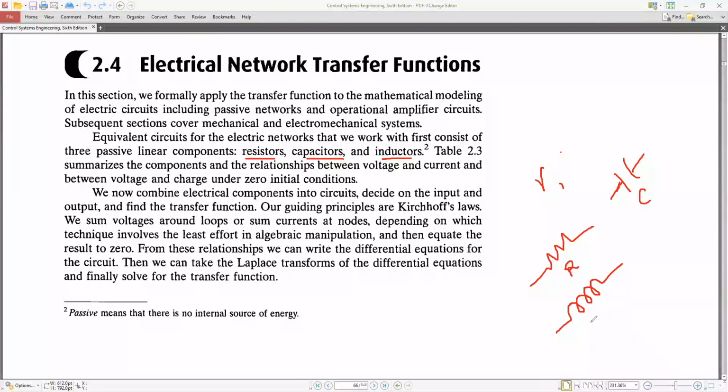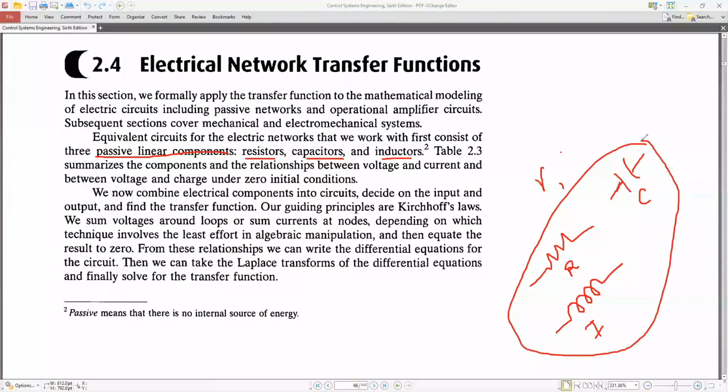These three things are important to design an electrical network. These are three passive linear components, known as passive linear components. These three things are important to understand the characteristics of the electrical circuit.